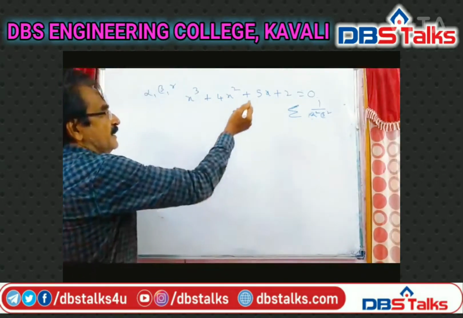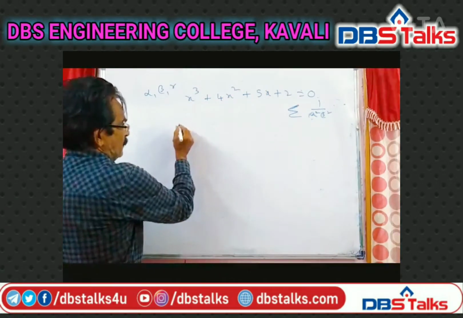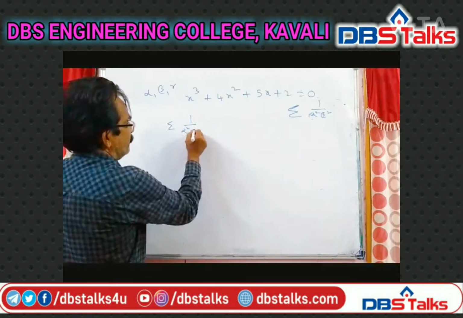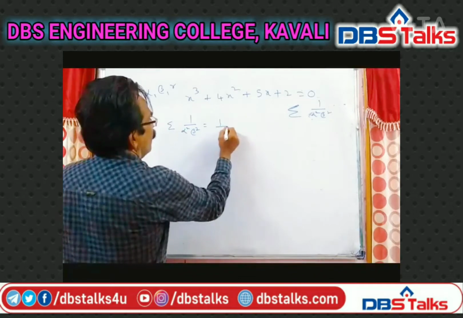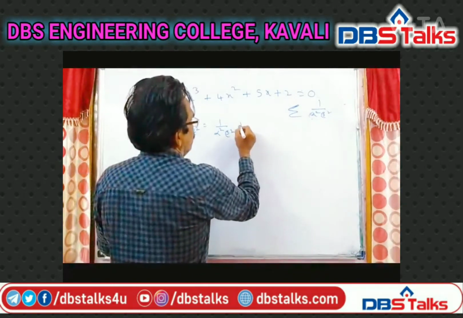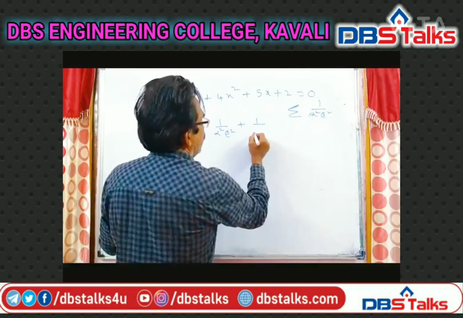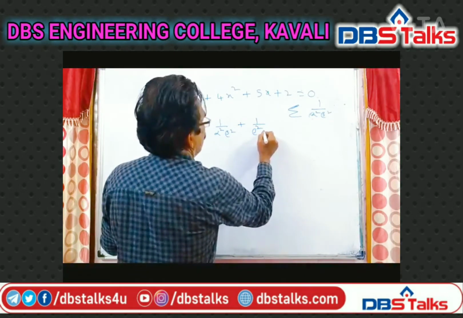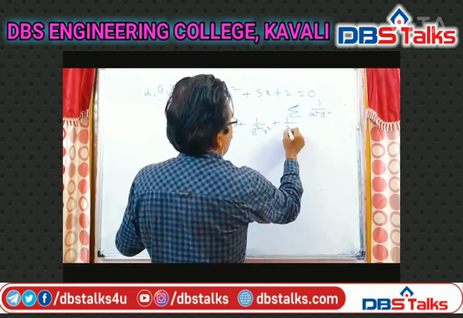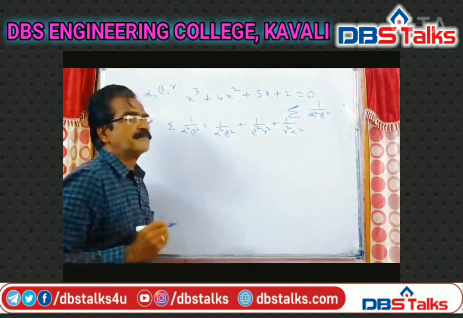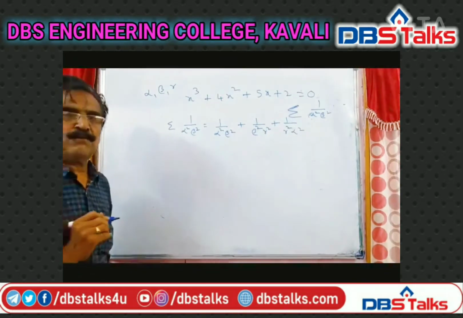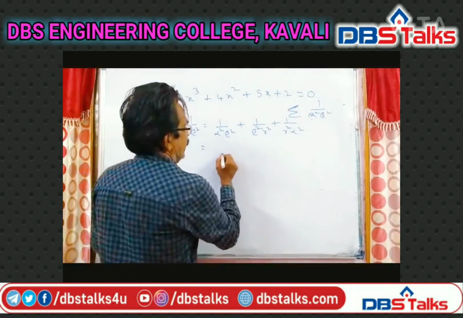Okay friends, sigma 1 by alpha square plus beta square is equal to sigma 1 by alpha square beta square, which is 1 by alpha square beta square plus 1 by beta square gamma square plus 1 by gamma square alpha square. Here we have to find the LCM.